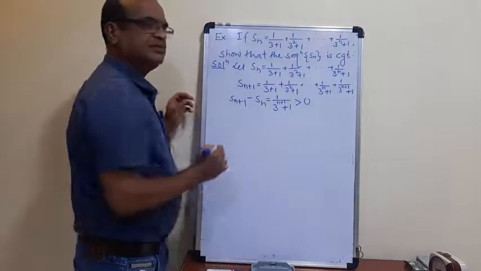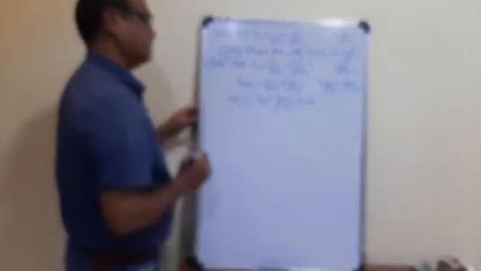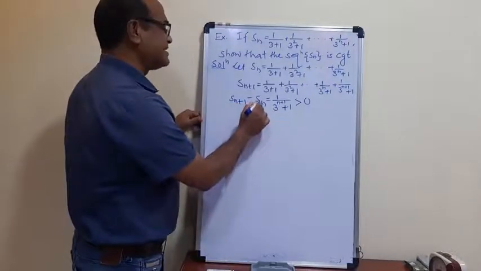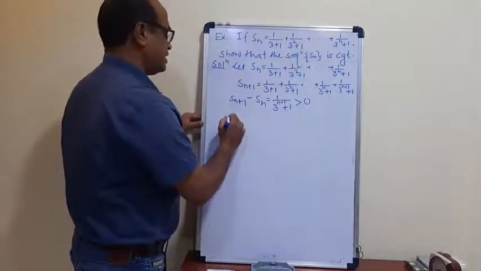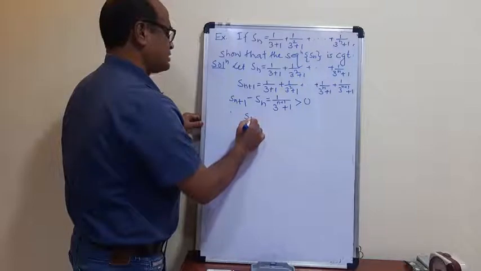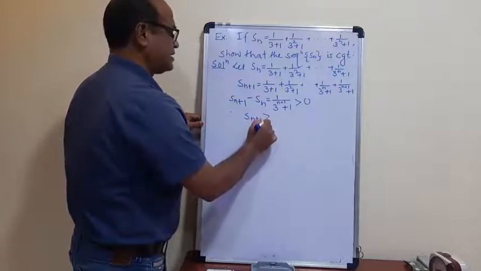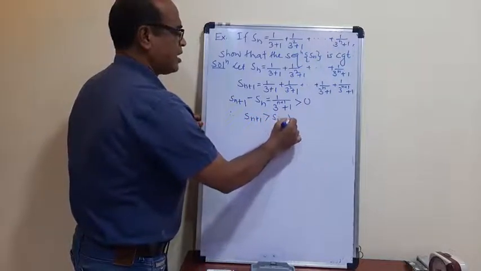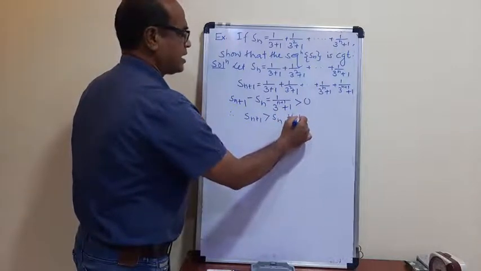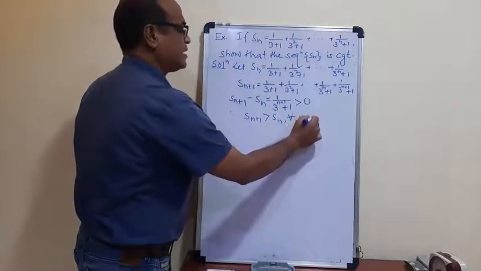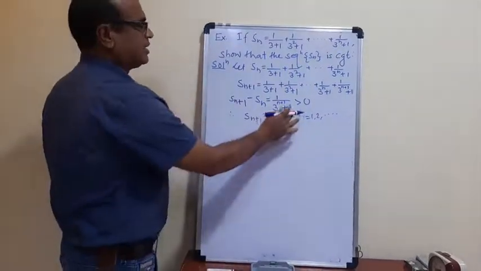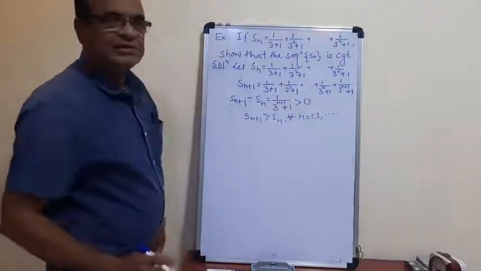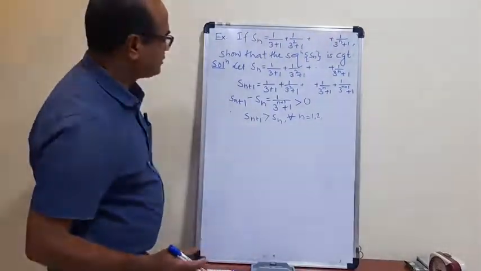Therefore Sn plus 1 minus Sn is greater than 0, so Sn plus 1 is greater than Sn for all n, that is n equal to 1, 2, 3, 4 and so on.